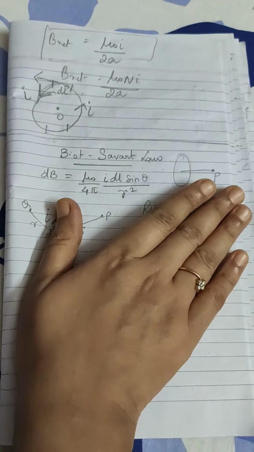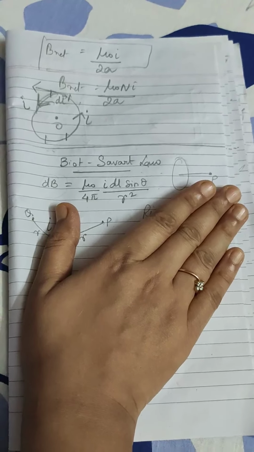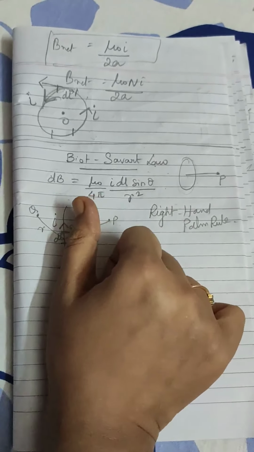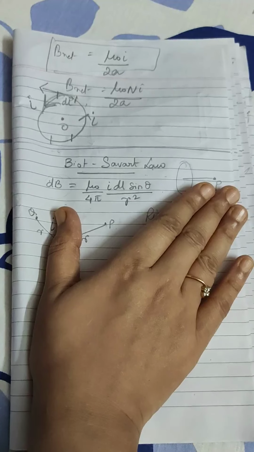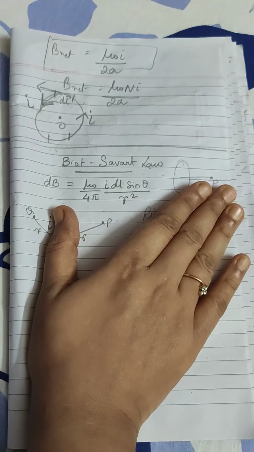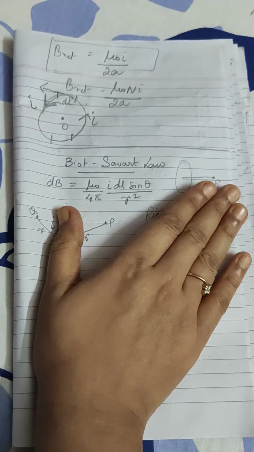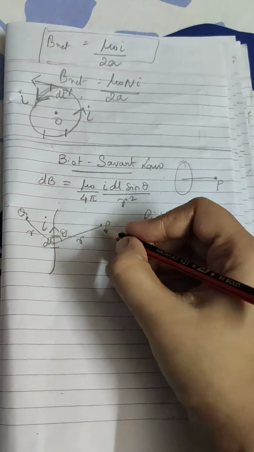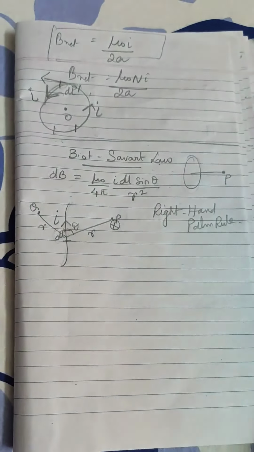Here the thumb points in the direction of current and the fingers point to the point P. The perpendicular drawn from the palm is inwards, so the magnetic field at P is inwards.